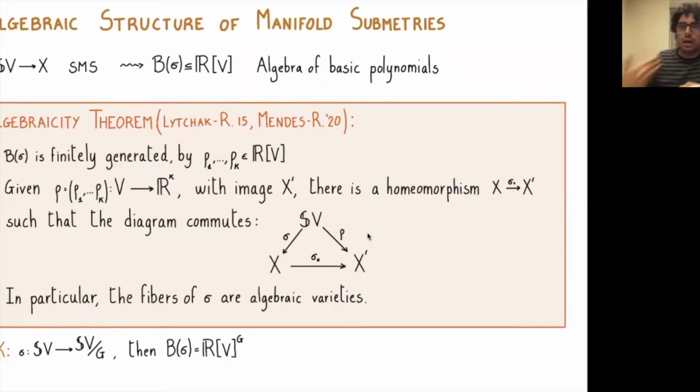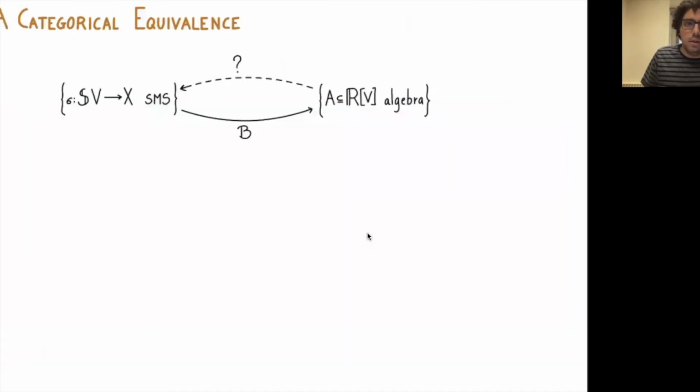So again, we are studying the algebra of invariant polynomials without the group acting, in general. Now, the idea here is that this gives a nice way to move from this metric problem of spherical manifold submetries into an algebraic one.